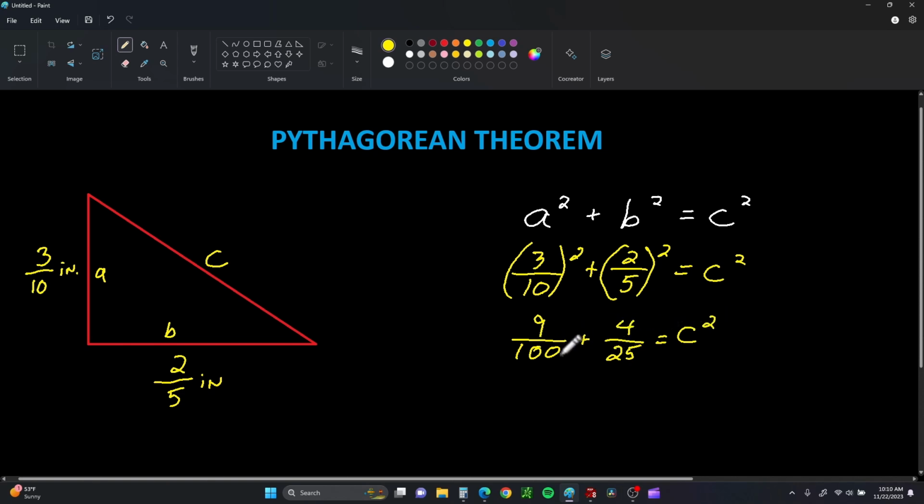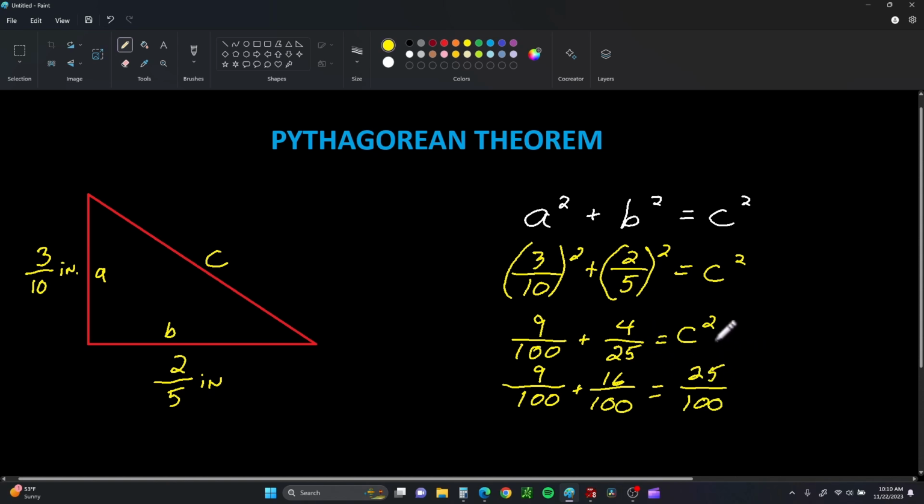And then I want to have common denominators because I have to add them. So I have 9/100 plus, and I'll multiply the top and bottom by 4, so I have 16/100. And when I add those together, I just add my numerators. And this is C squared.